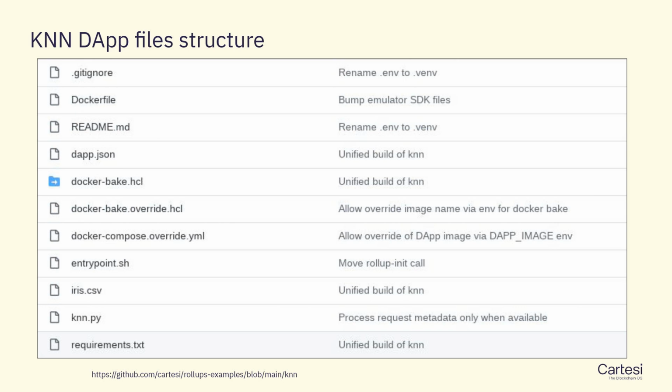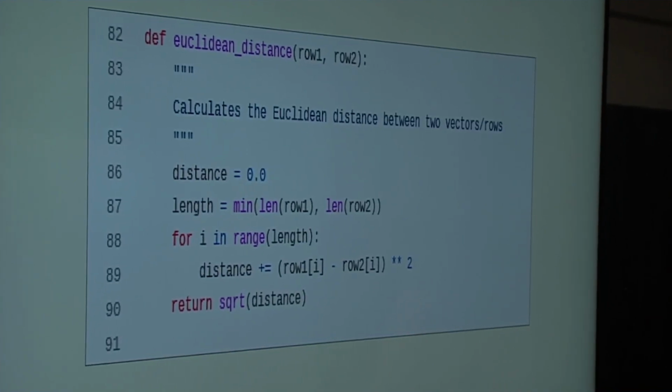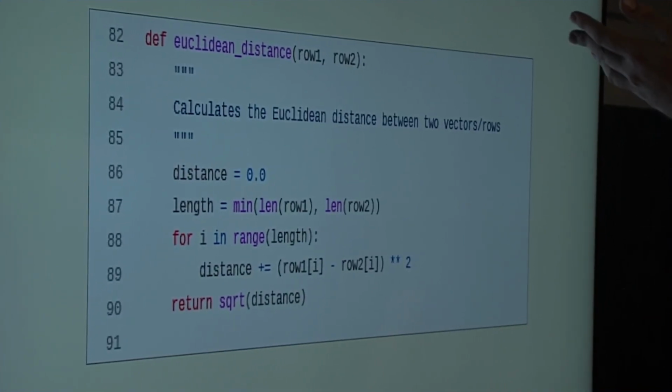As I was explaining, we need some distance to calculate the similarities of the samples. It's the first step of the algorithm. In this example, I chose the Euclidean distance, but it could be any distance that can be calculated between two points.